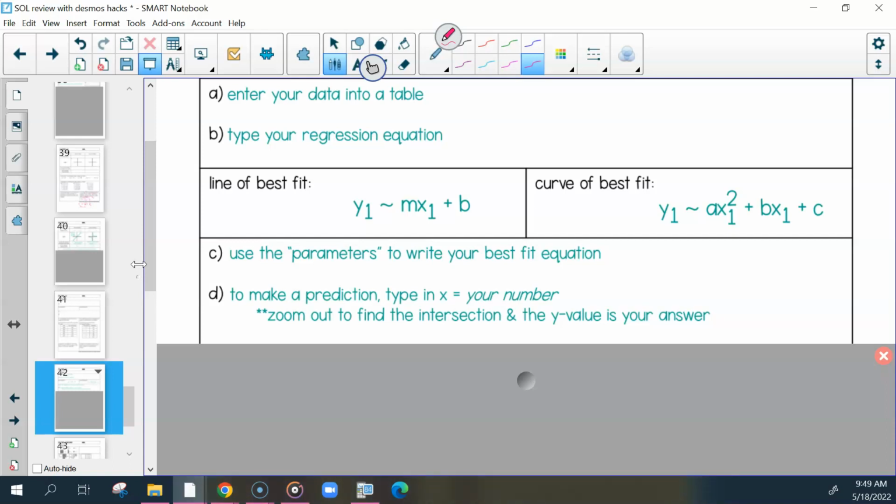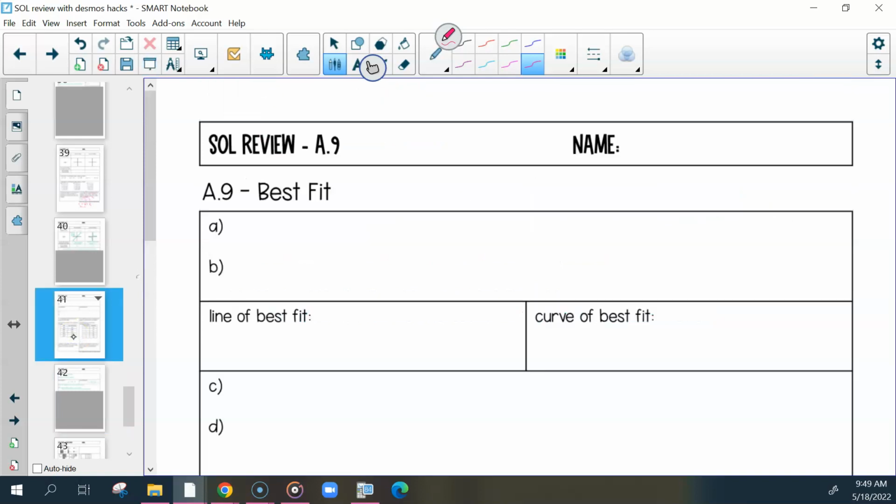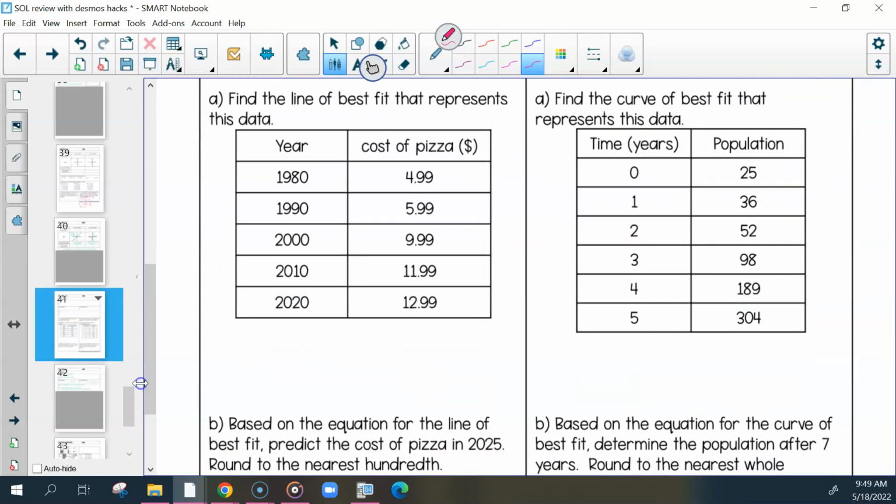Anyone still writing this down? So first, since we're dealing with years, we would need to change this first year to 0 no matter what. And then how many years has it been from 1980 to 1990? 10. From 1980 to 2000? So 20, because we're not counting these two, we're counting from the original.